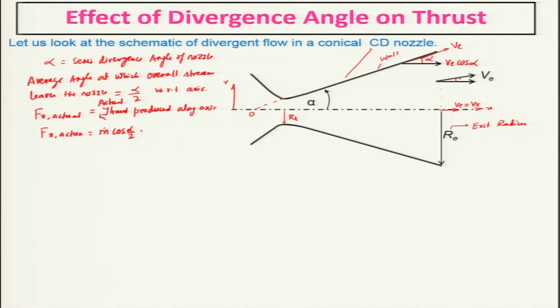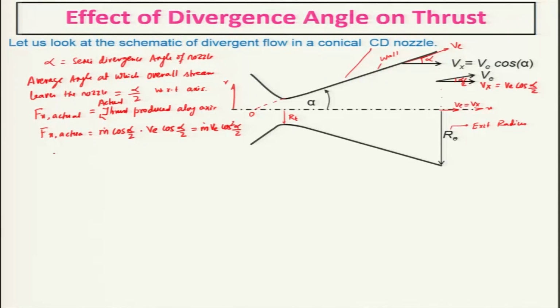The average velocity is along alpha by 2, so Vx is equal to Ve cos alpha by 2. Therefore, I can write this as m dot Ve cos square alpha by 2.